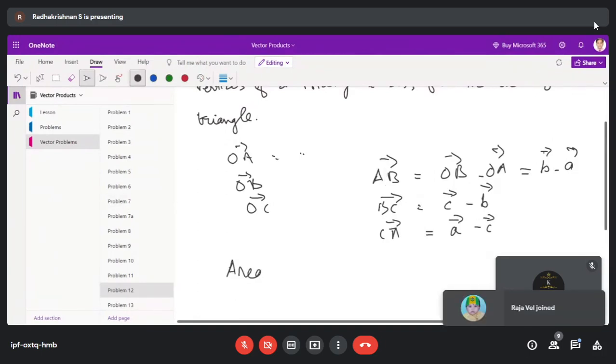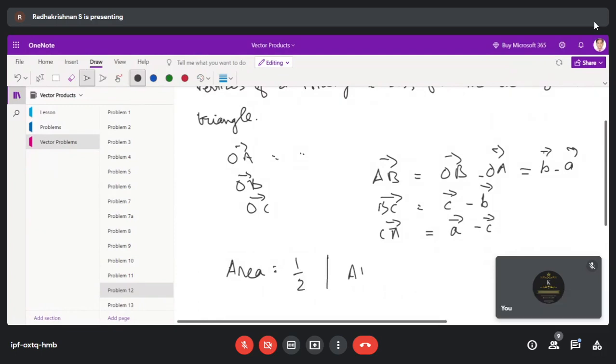The area will be half of the magnitude of AB cross BC, which is B minus A cross C minus B.